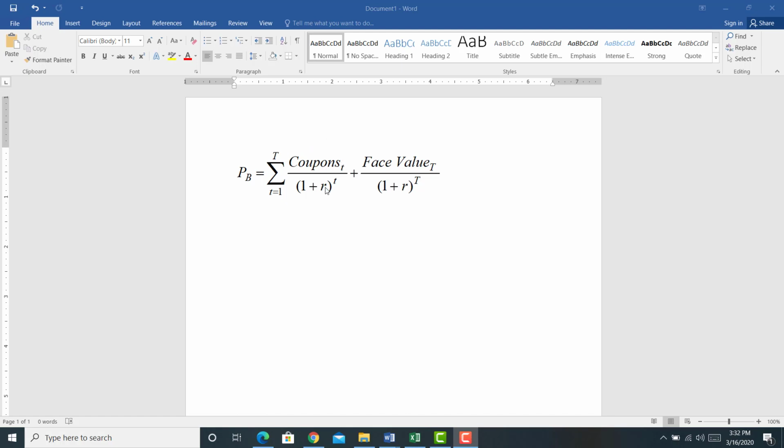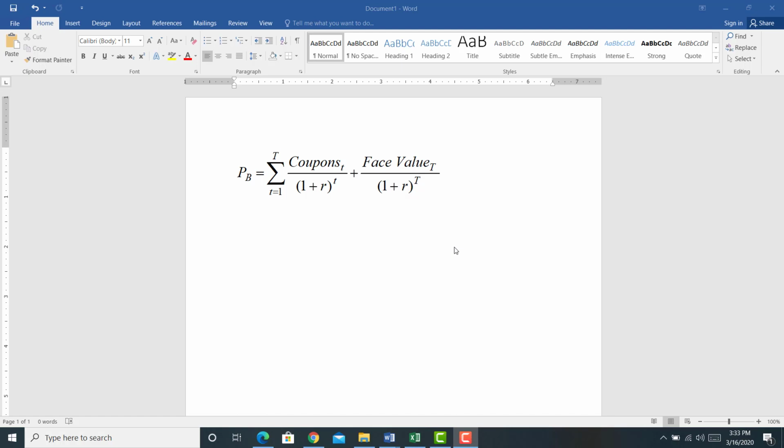And instead of discounting back by the yield to maturity, or the real interest rate that bondholders charge the firm, we're going to use the required rate of return by shareholders. So we're going to discount these dividends back by some rate R, and then we're going to discount back the price of the stock at some time in the future back by this rate.